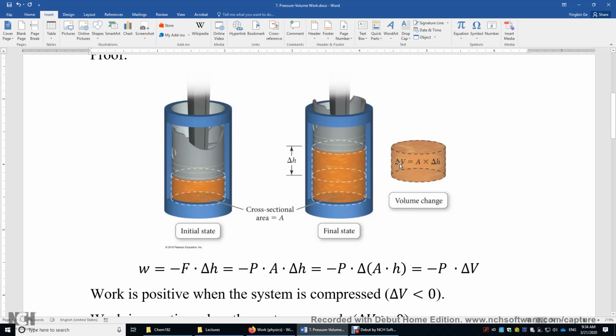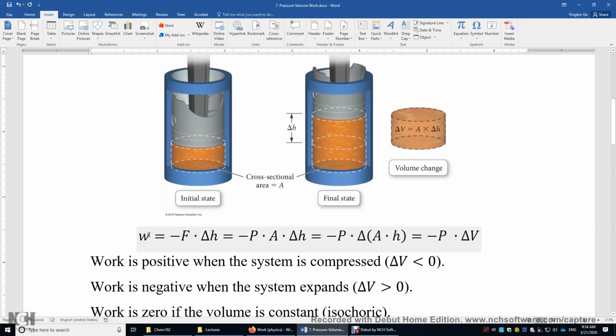And the change of the volume is simply A, the cross-sectional area here, so this circular area multiplied by delta H, the distance this piston has traveled. So work is equal to negative F times delta H. This is the formula for mechanical work.